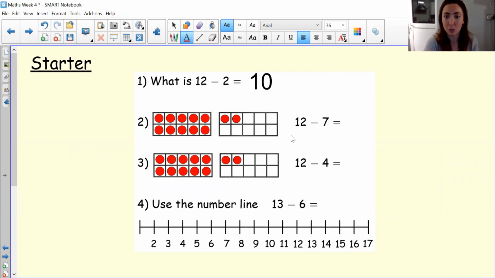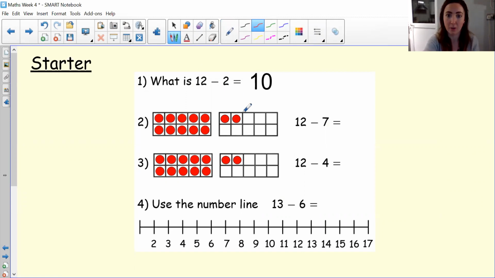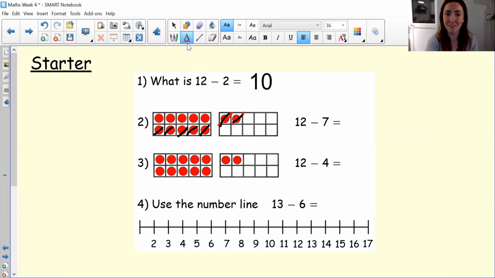Number two, 12 subtract 7. So we could cross out, for this one, subtract 7. So I'm going to change colour. Okay, 12 subtract 7 equals, how many are left? 5.